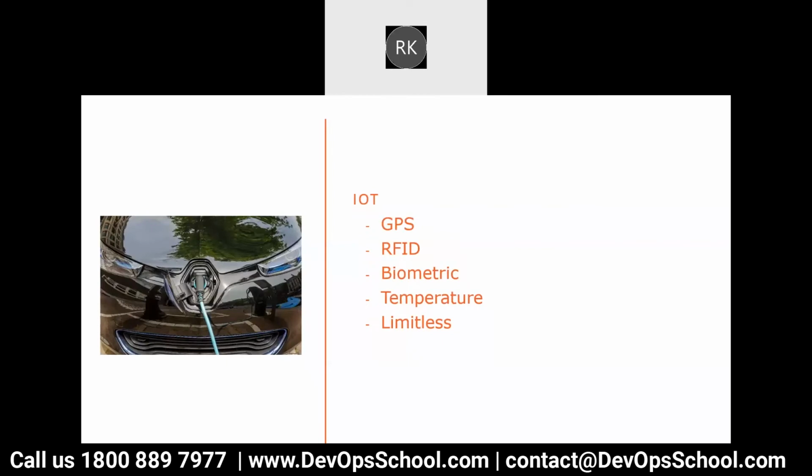IoT devices, like you must be using some car, or if you have a security system in place like home cameras and all stuff like that. GPS, everyone has in mobile and all stuff like that. So GPS logs, RFID logs, biometrics, temperature, monitoring logs, limitless. So you see that nowadays everything has logs.